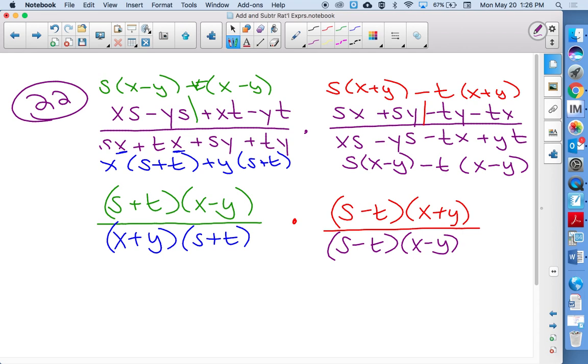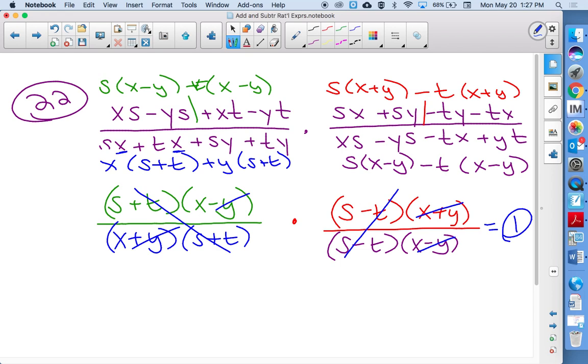Chelsea, what happens? It equals 1. So the s minus t cancels. The s plus t cancels. And then diagonally, you have the x minus y and the x plus y. So 2 of the pieces cancel within that fraction, and then the diagonals cancel out. You just get 1. Why isn't it 0?